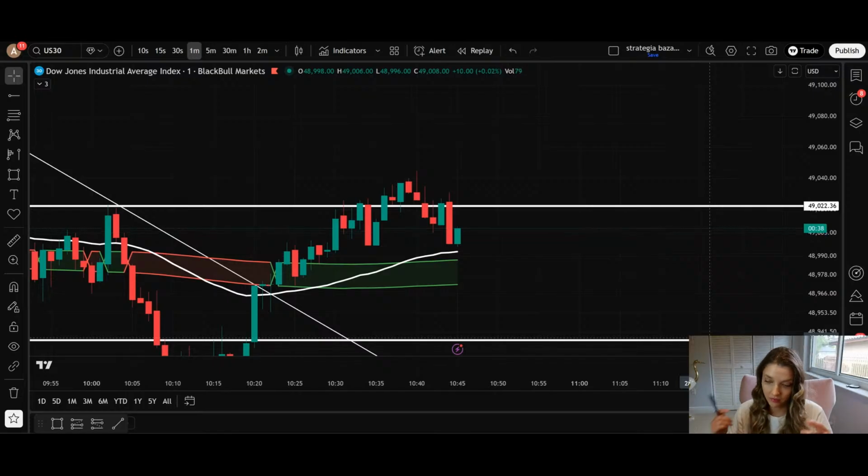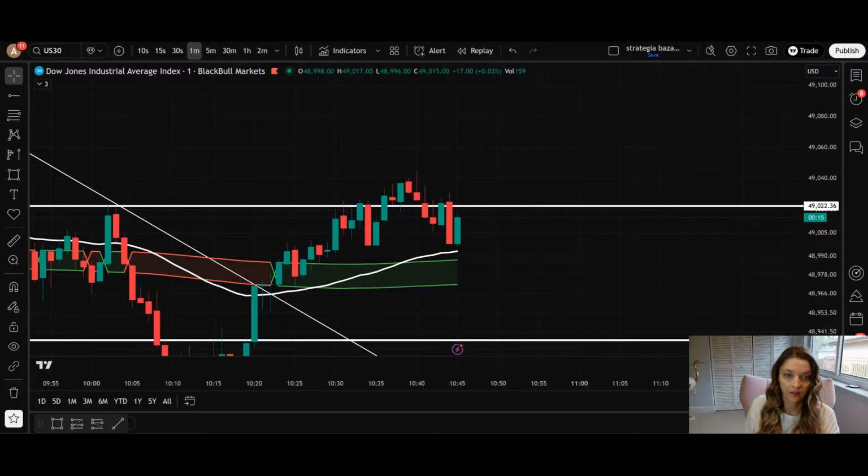It's very fast movements. Supposedly this way of trading is really good, but you need a lot of practice and to know exactly how to read everything.